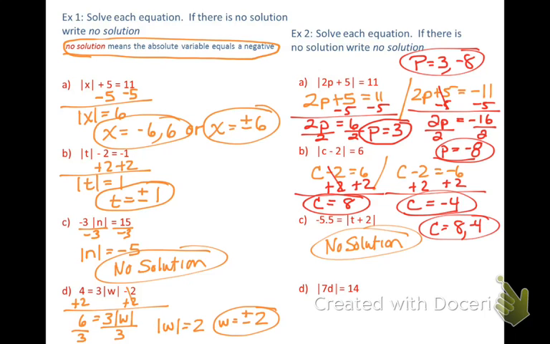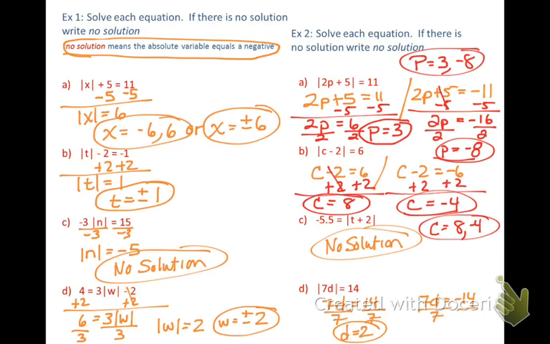D. The absolute value is already by itself, and it equals a positive number, so we're going to make two equations. So you have 7d equals 14, and 7d equals negative 14. Then you're going to divide by 7. So d equals 2.